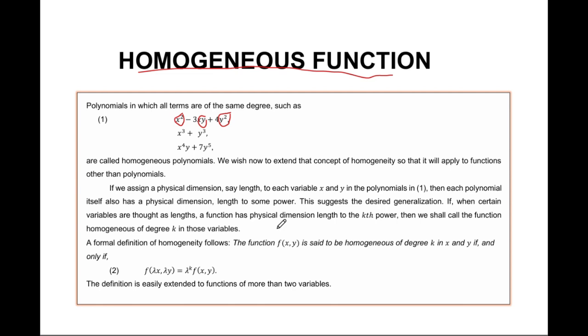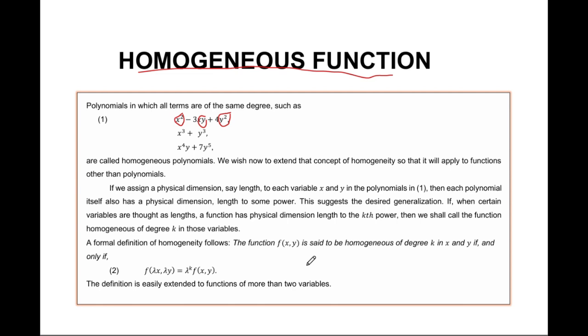This suggests the desired generalization: if, when certain variables are taken as lengths, a function has physical dimension length to the kth power, then we shall call the function homogeneous of degree k in those variables.